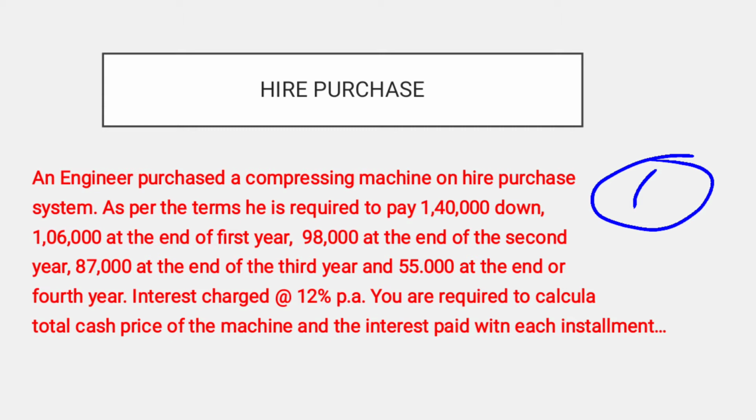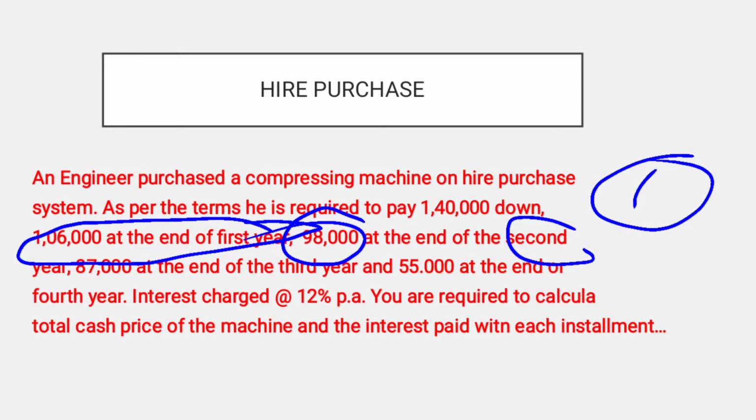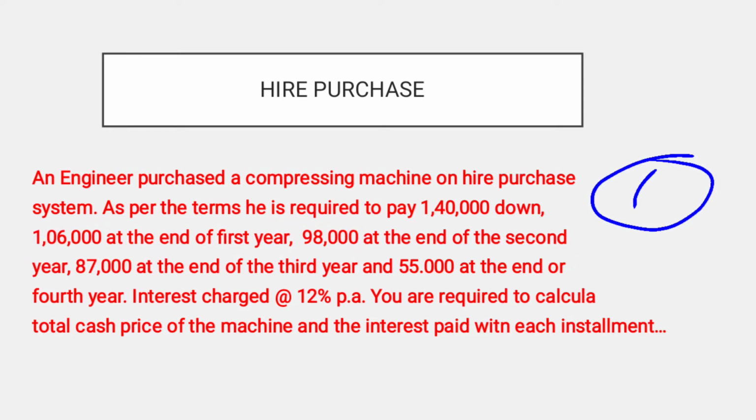I read the question again. An engineer purchased a machine on hire purchase system. As per the terms, he is required to pay 1,40,000 as the down payment, and 1,06,000 at the end of the first year as the first installment, 98,000 at the end of the second year, 87,000 in the third year, and 55,000 in the fourth year.